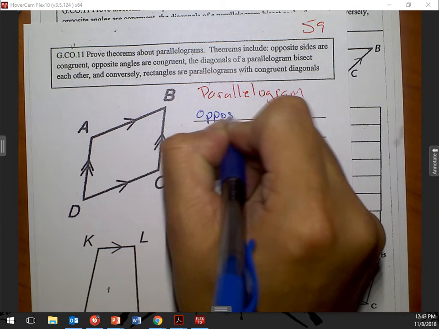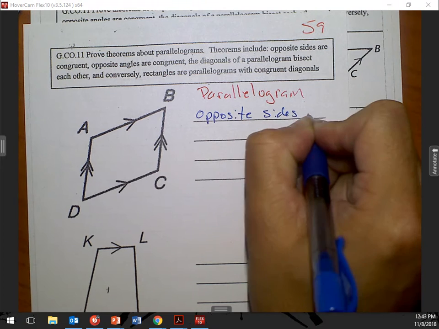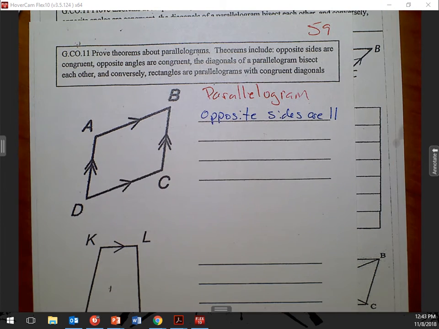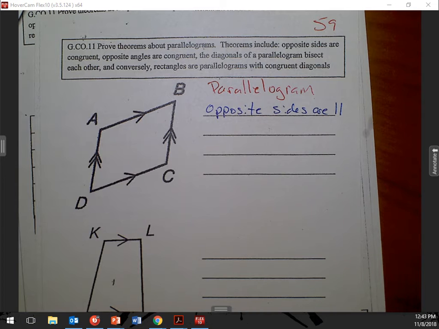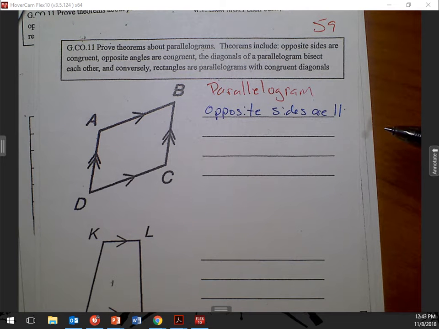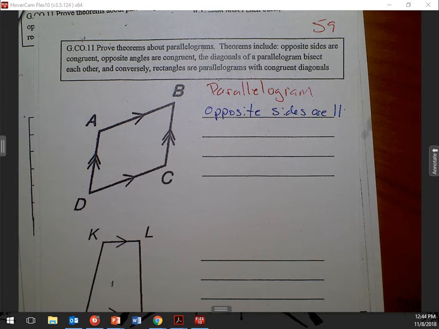Congruent. What's that symbol right there mean? Parallel. Double bar right here. So if it's a parallelogram, let's go with the most obvious thing. In a parallelogram, opposite sides are? Parallel. That's what we're looking for. Start with the most obvious.